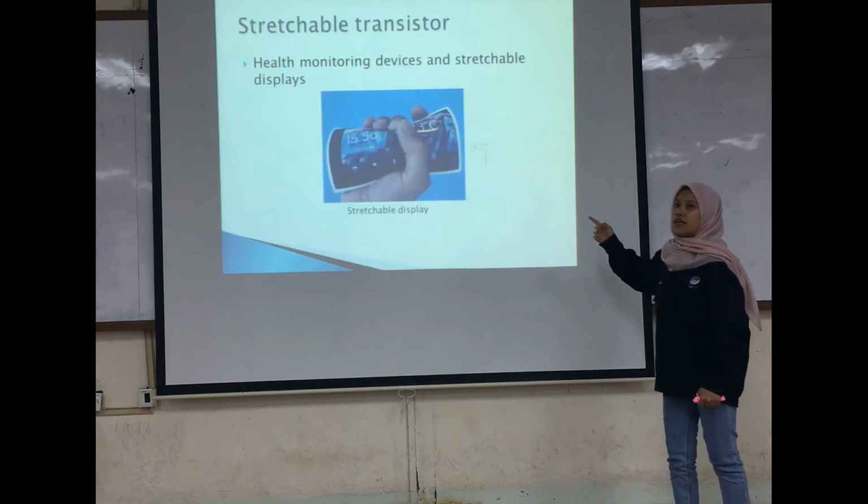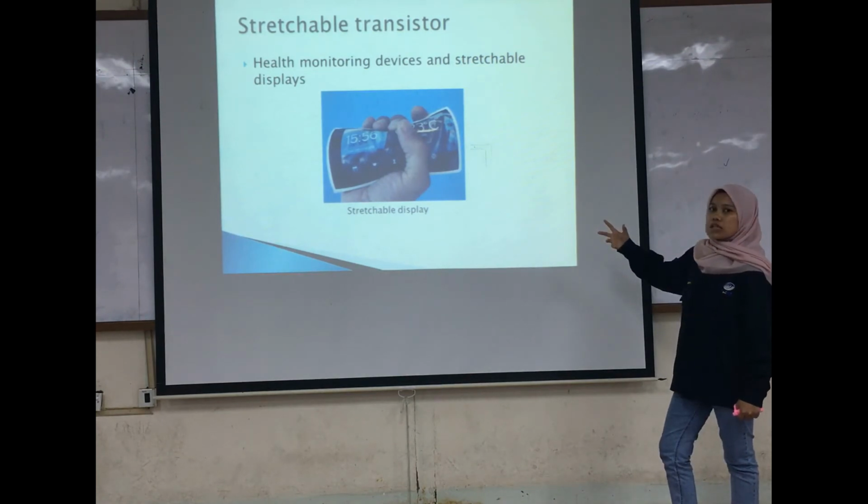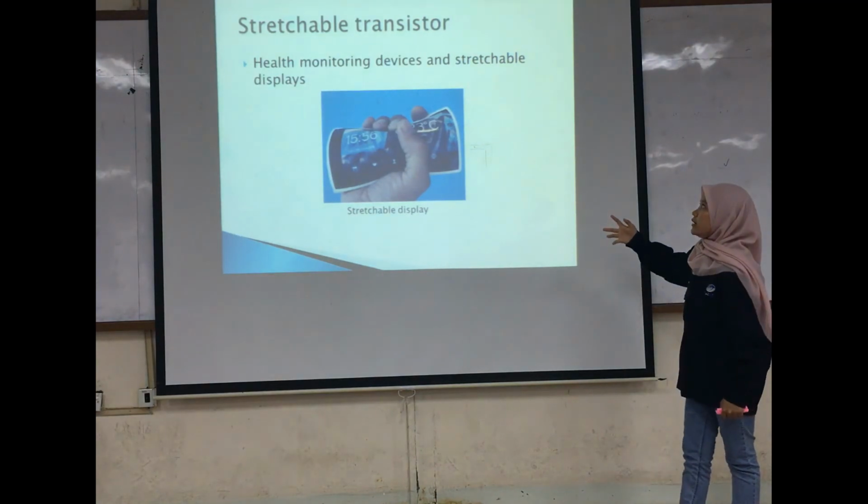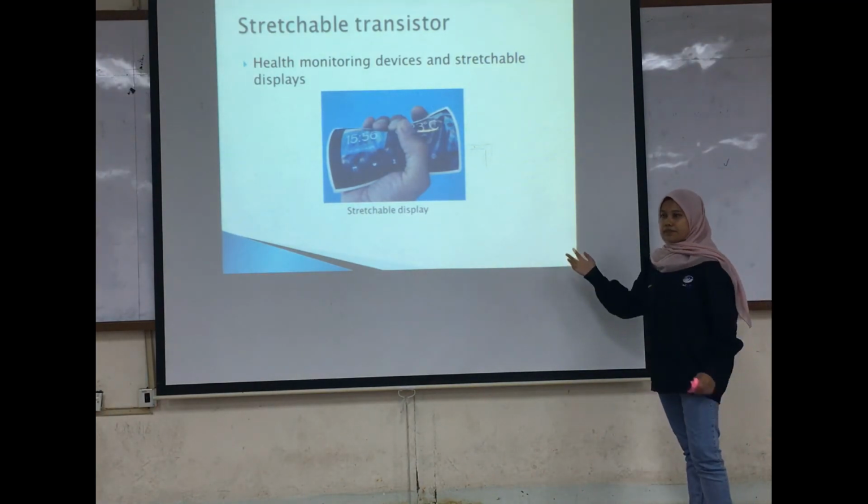Stretchable transistor. Stretchable transistors are used in health monitoring devices and stretchable displays.